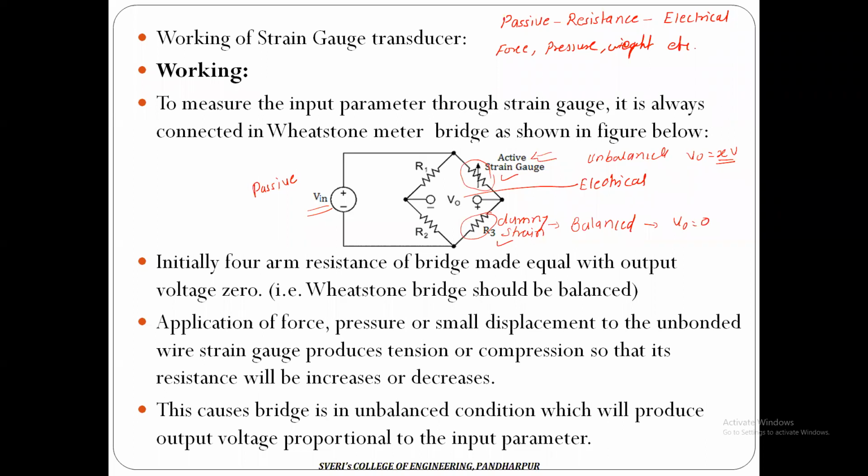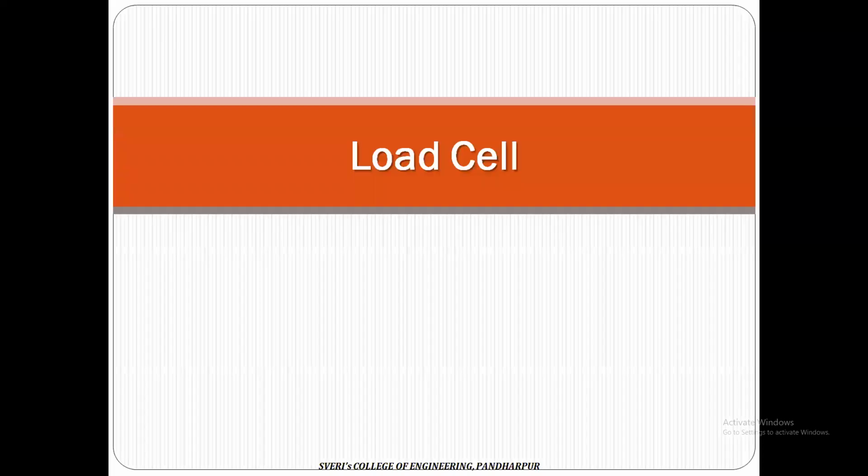Initially, we always balance the bridge so that the output voltage is 0. It means that no force is applied on the strain gauge. But when the force is applied on that active strain gauge, its resistance changes according to that applied force, and you will get the output voltage. In this way, the output voltage can be measured.